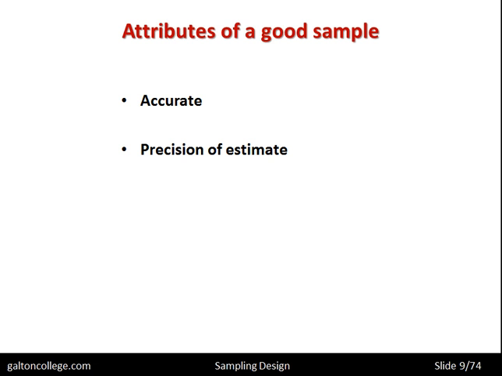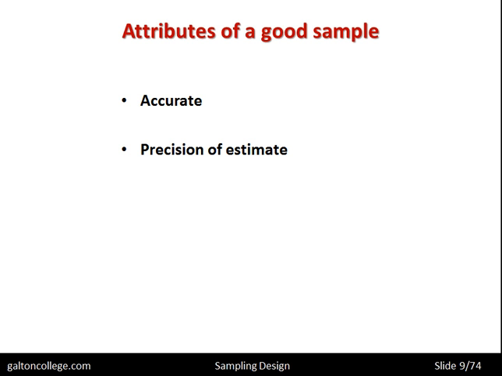And the bigger the sample and the more scientific the way it was selected, the more precise the estimate will be. The better the estimate of, let's say, the average or the standard deviation or whatever it is we're working out, the more precise that will be to the population.